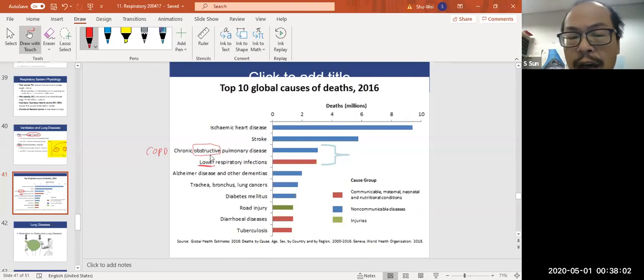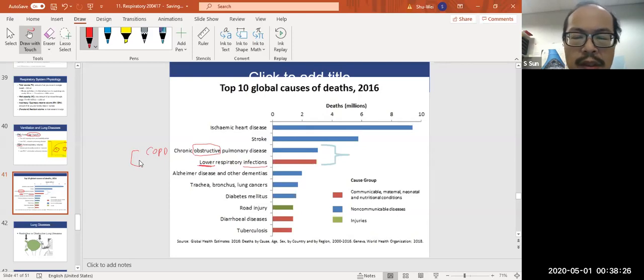And they have this infection. So basically, we have prolonged chronic inflammation going on continuously.